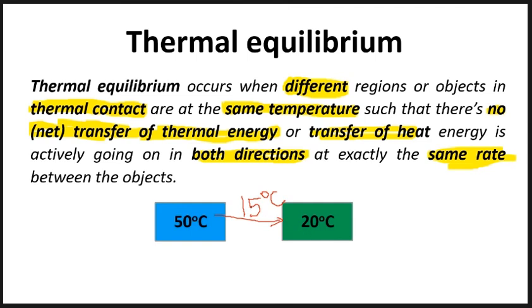Actually, we are talking of this in terms of energy, so it's not actually the temperature but the energy that it's losing. The quantity of energy this will be losing will be equivalent to about 15 degrees Celsius to this other one. So at the end of the day, this one will become 35 degrees, while this one will become 35 degrees.